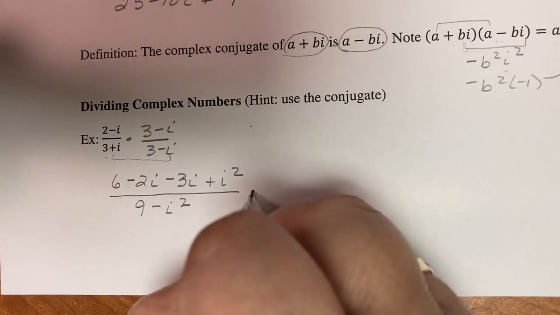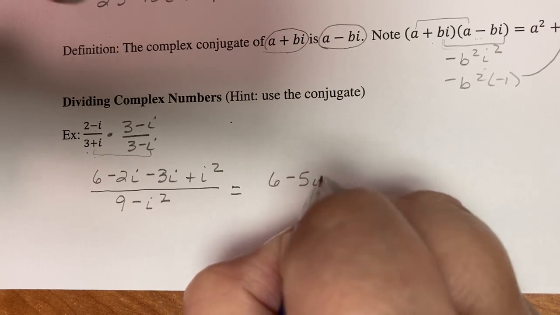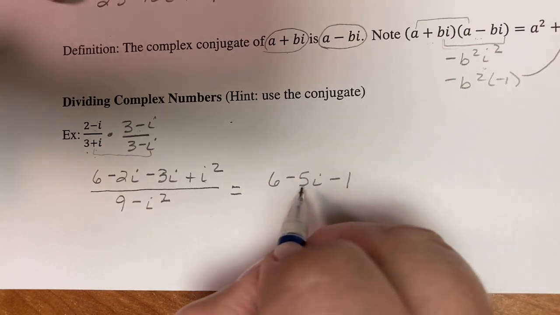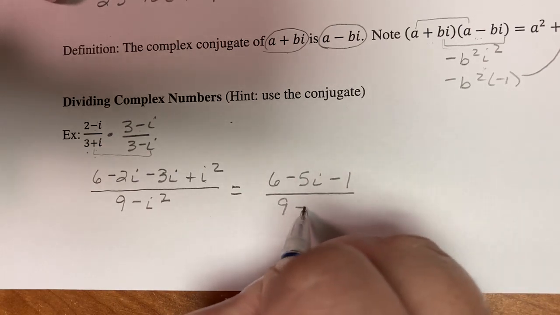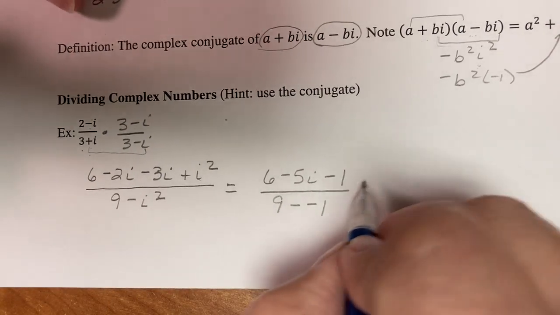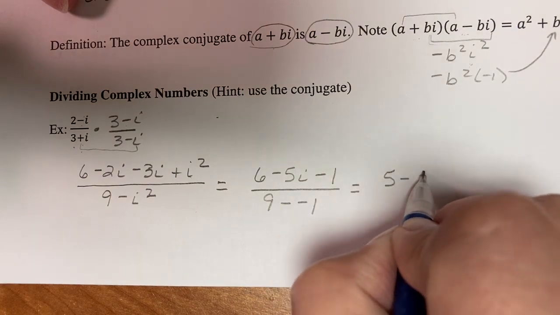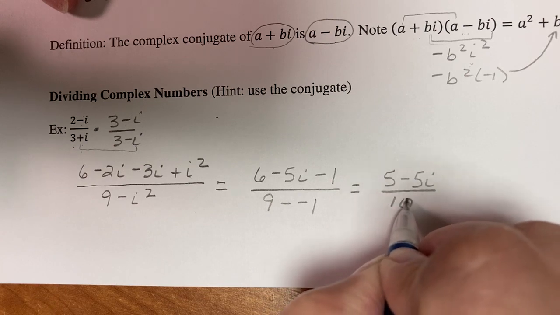All right. Well, if we just keep going, this is going to be 6 minus 5i minus 1, because don't forget i squared is a negative 1. And on the bottom, you're going to get 9 minus, again, negative 1, because i squared is negative 1. So that's going to give me 5 minus 5i all over 10.